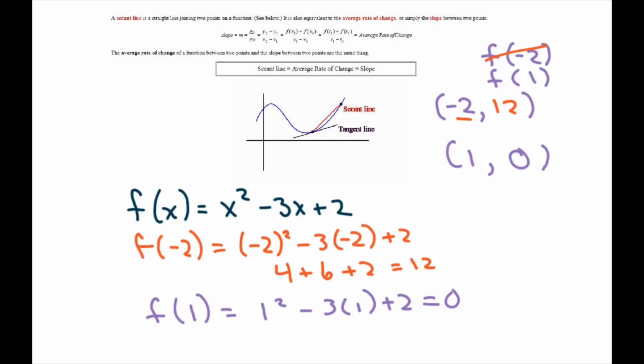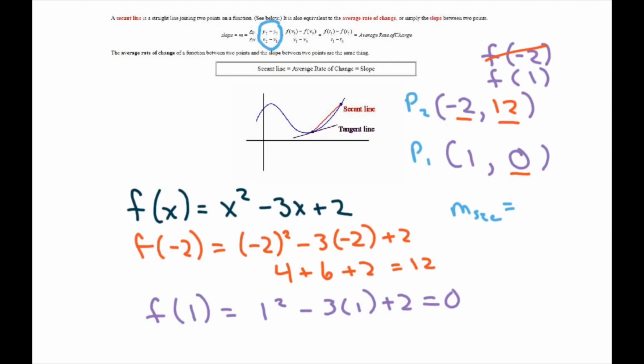So think about it. Since we already figured this part out, all we need to do is use our slope formula that you're familiar with and find the slope of the secant line. So let's let this be point 1, this be point 2.